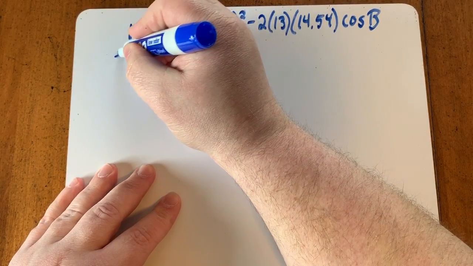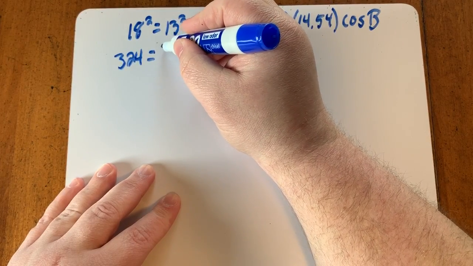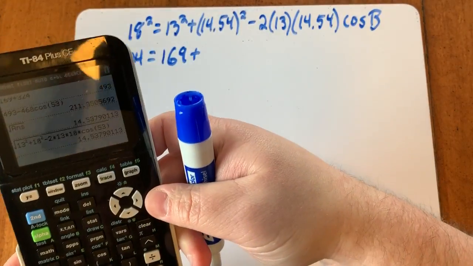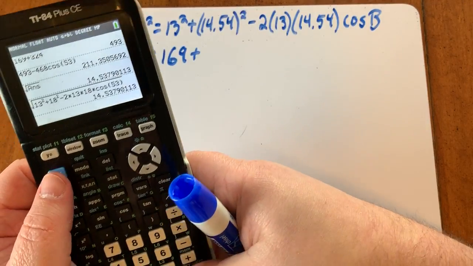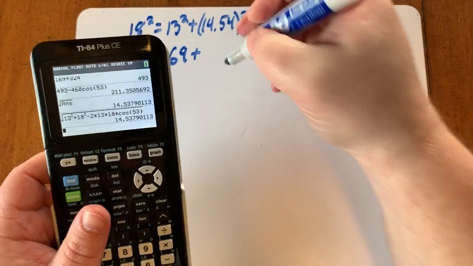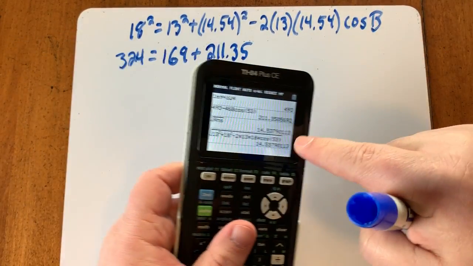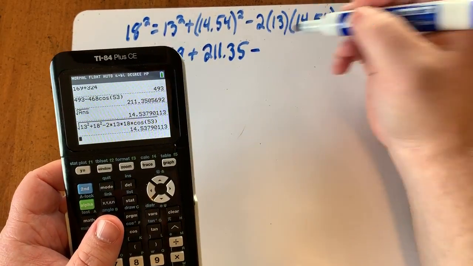So 18 squared is 324. 13 squared is 169. And 14.54 squared is just that 211.35, because we took the square root of that to get 14.54, so I don't need to go through squaring it.